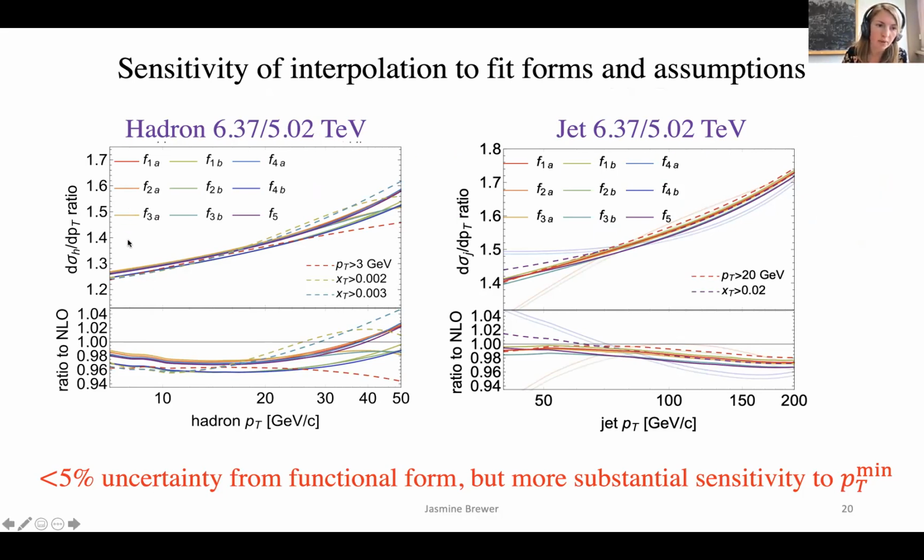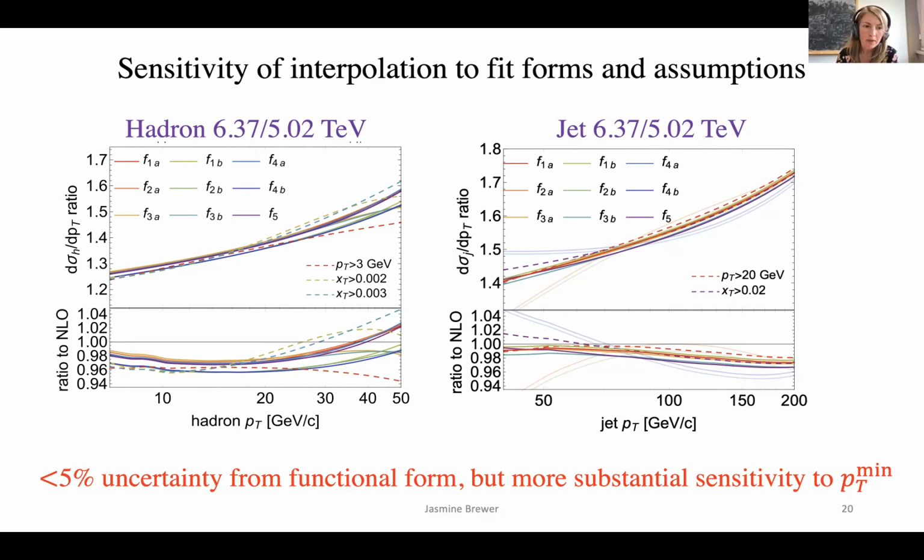So here I'm showing again the ratio of 6.37 to 5.02 TeV hadron spectra on the left and jet spectra on the right for a variety of fit forms with different dependence on XT and root S, in the solid curves. And then the dashed curves are different cutoffs for what data of the hadron or jet spectra we include in the fits.